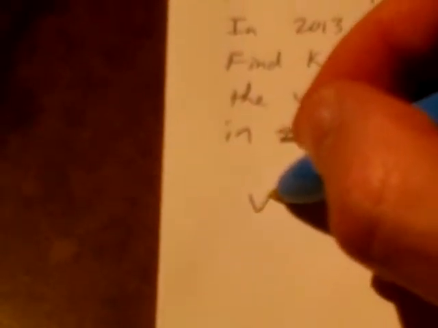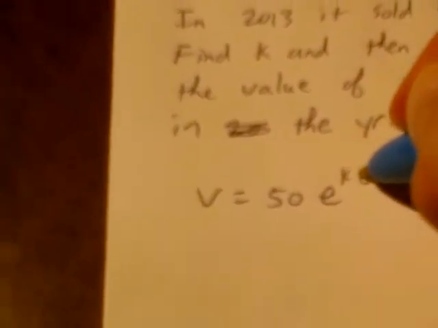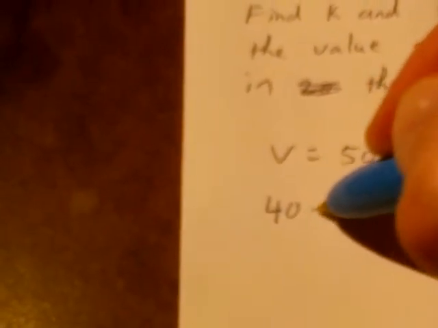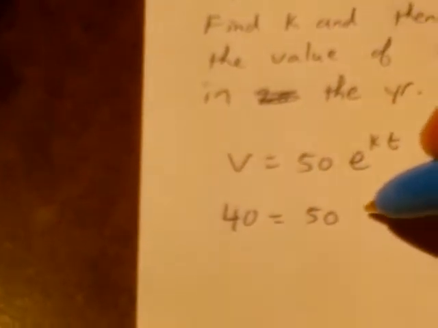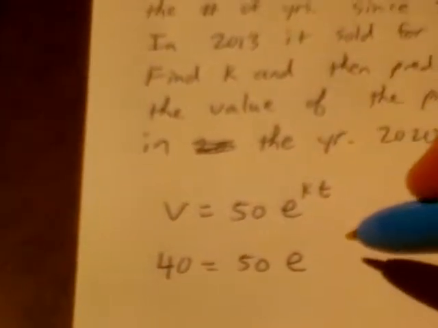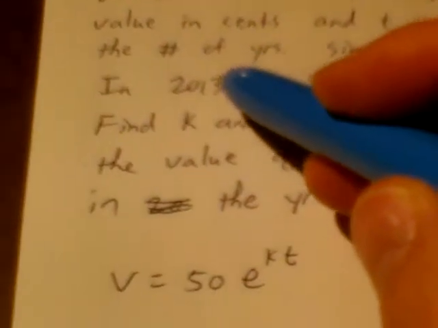We have V equals 50 e to the kt, and we know the value was 40 cents. We started at 50, so 40 equals 50 e to the k we don't know, but t we do. t is 2 years. From 2011 to 2013 is 2 years. So 2k.